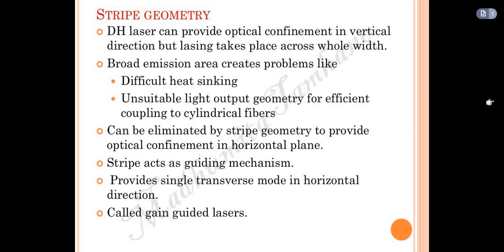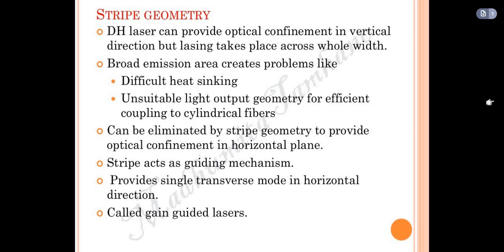Clear? So from all these points, what we conclude is that optical confinement in a laser should be in the vertical direction, and strip geometry provides optical confinement in the horizontal direction. What are the problems in the emission area?